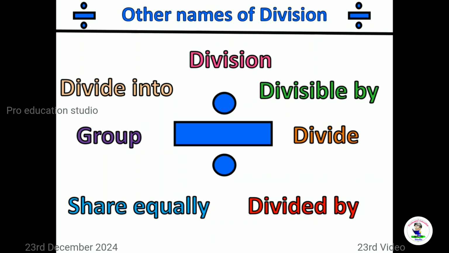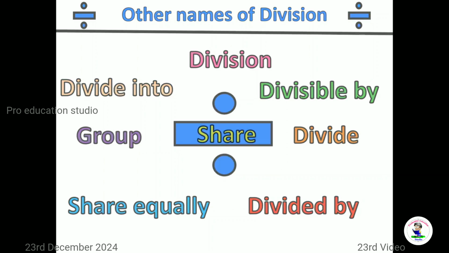Now you can see here in the word problems they will say group the numbers, or divide the numbers, or divisible by numbers. If they say like this, it means you have to do division. Now we go on to the next slide.